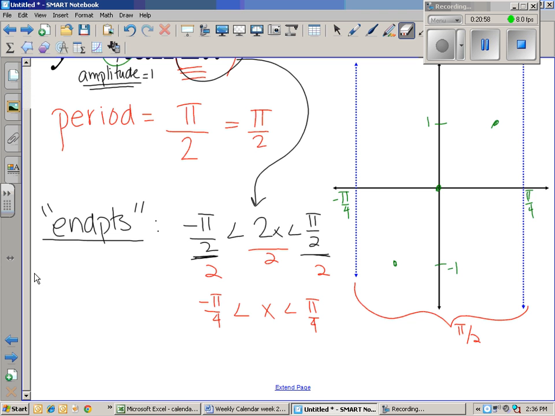And I want to make sure that this is mostly halfway. So what I would do is pi over 4 to 0. Half of pi over 4 is pi over 8. Negative pi over 8. And the only 3 dots that I'm going to have to label are 0, 0, negative pi over 8, negative 1, and pi over 8, comma 1.